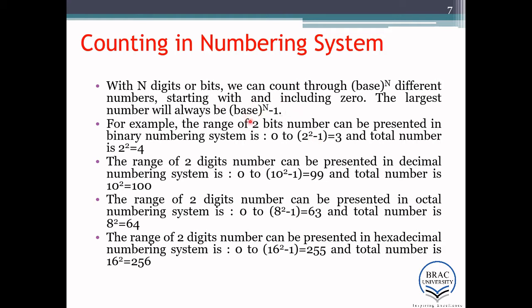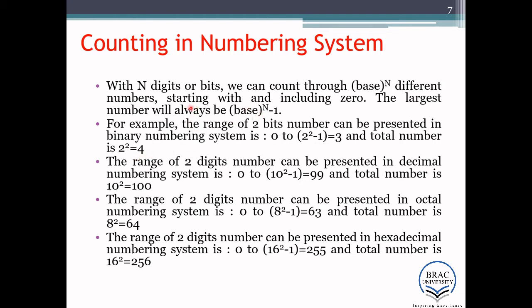If you look here, your base is 2, you are talking about the binary number system, and your n means how many bits. You have a 2-bit number, so that's why the power is 2, so 2 to the 2 minus 1 is 3, so 0 to 3, right? So total number is 2 to the power 2, which is 4, 2 to the power n.